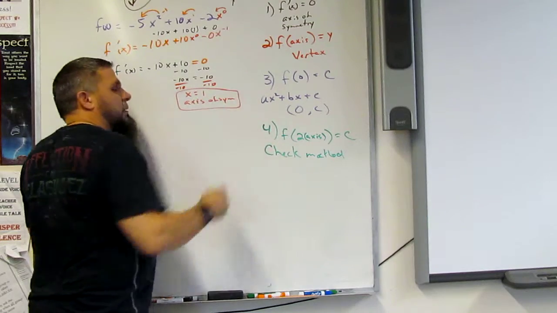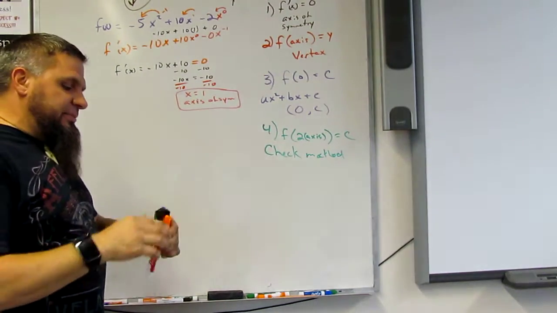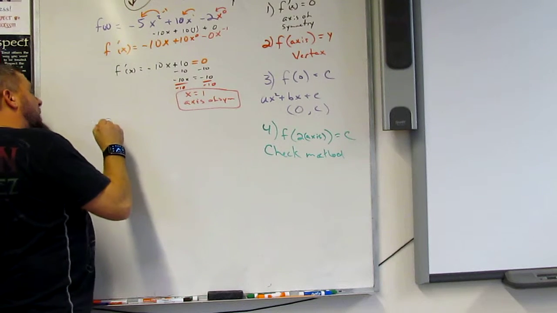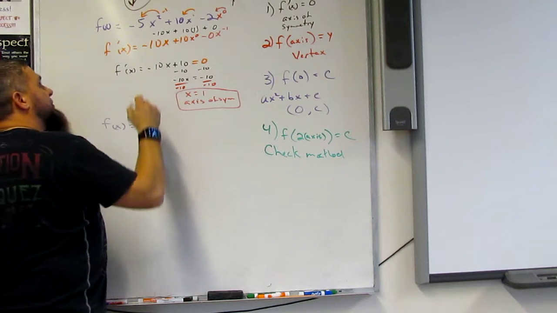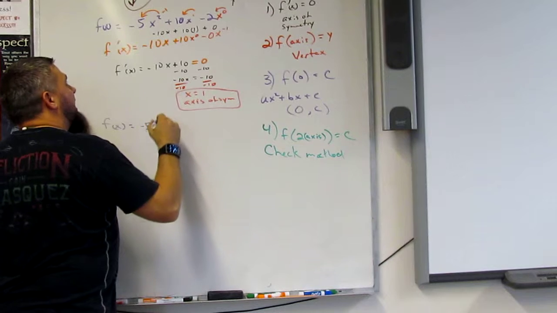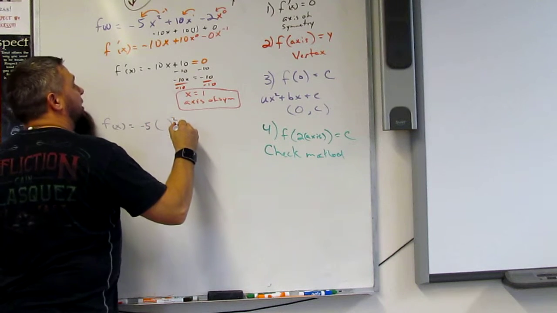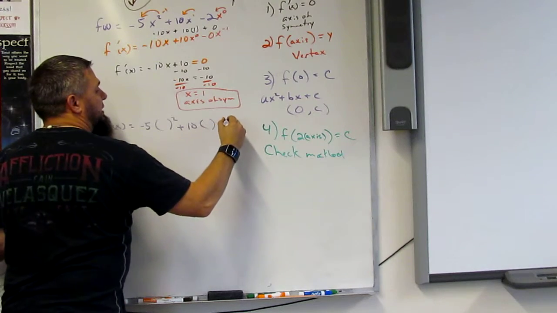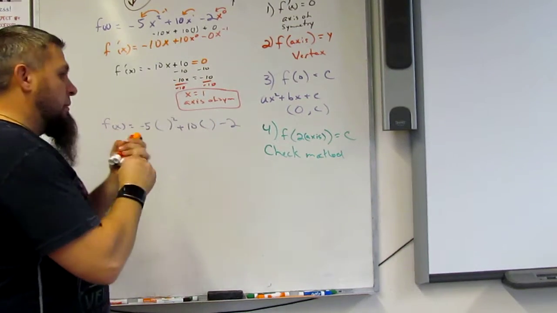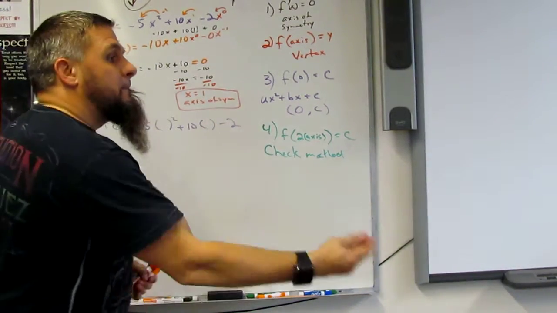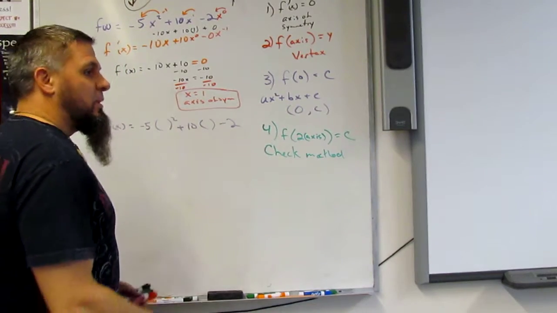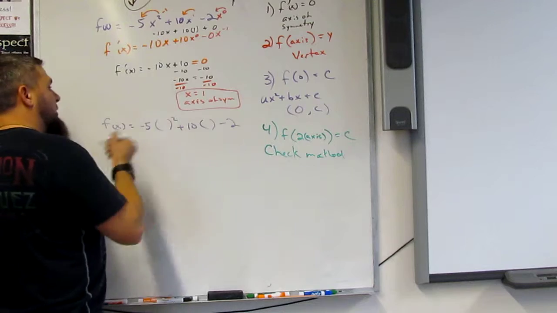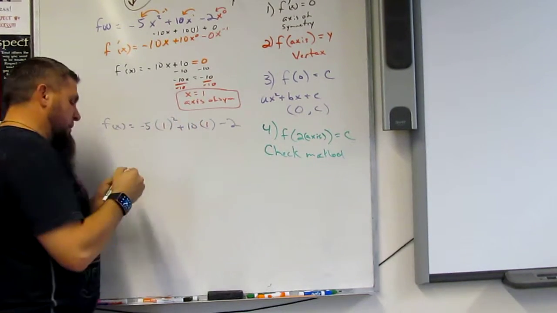Okay? Then all I have to do is plug that in to the original equation. f of x is equal to negative 5x squared plus 10x minus 2, right? And then I just plug in 1 and 1.